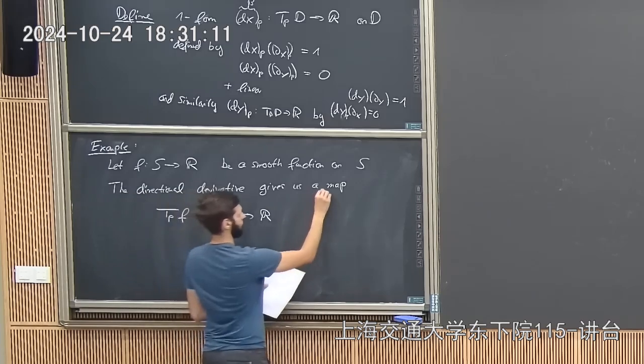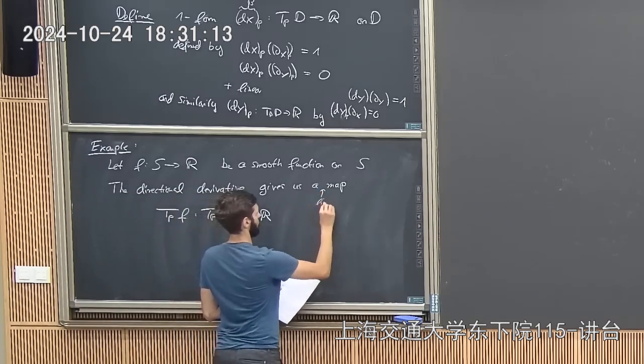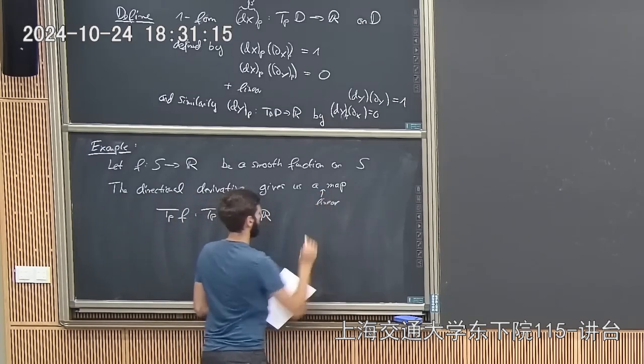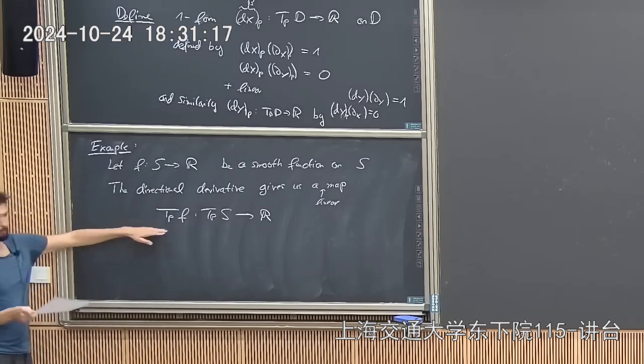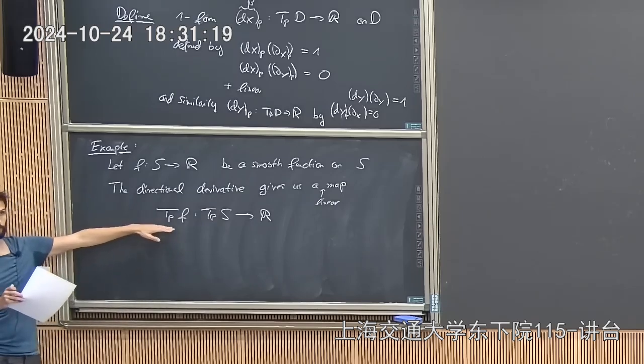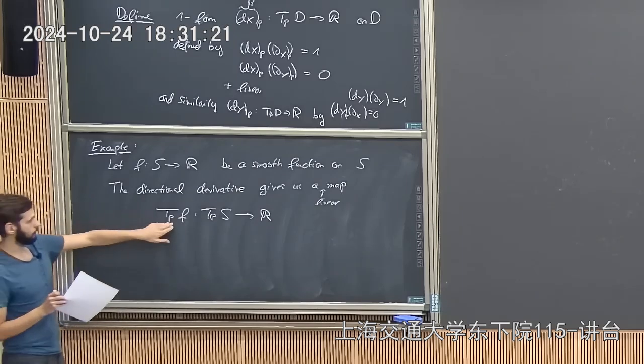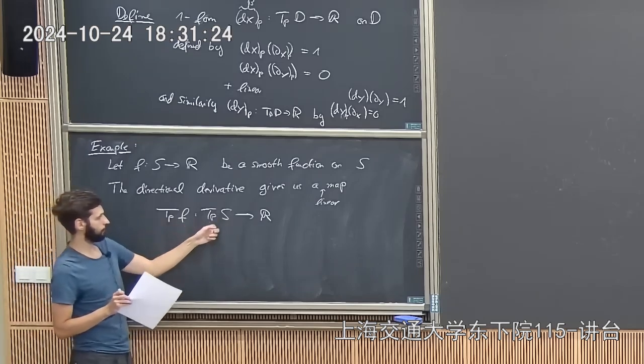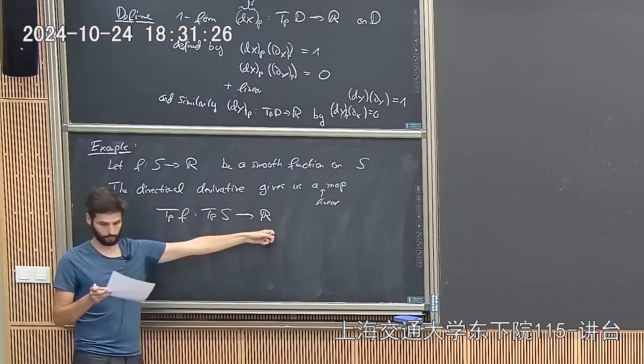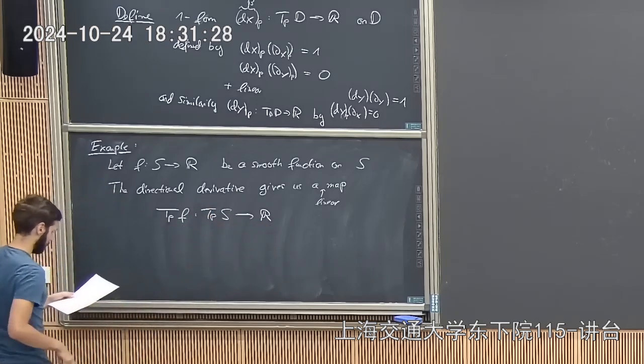And actually we saw last time already that this map happens to be linear. So you can view that as a differential form. For every point P, we get a linear map that assigns to a tangent vector a certain number.